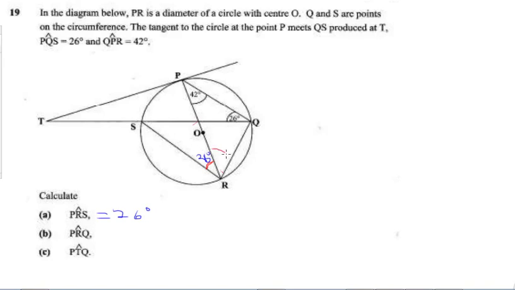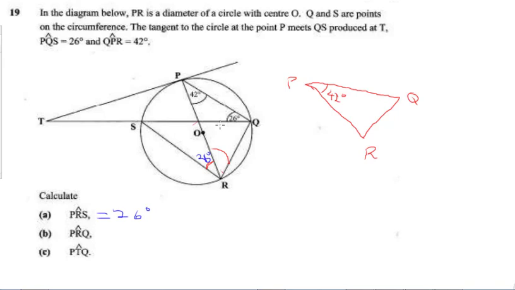So when you look at this angle, PRQ, this angle is a part of a triangle PRQ. Can you see the triangle PRQ? Forget about this line SQ and just try to see the triangle. The triangle is PRQ. This is P, this is R, and this is Q. And we have 42 degrees there.